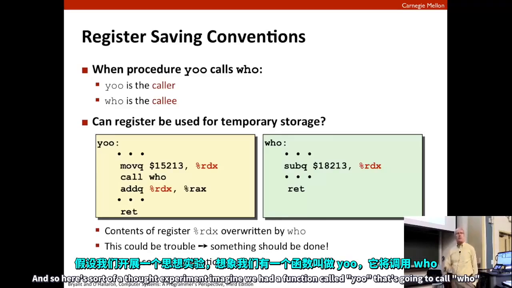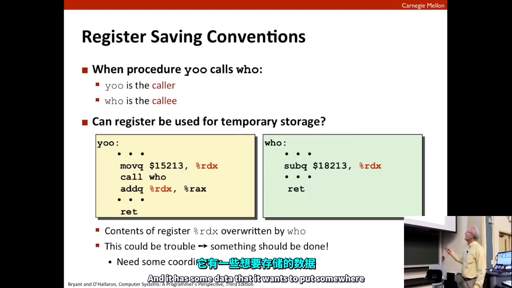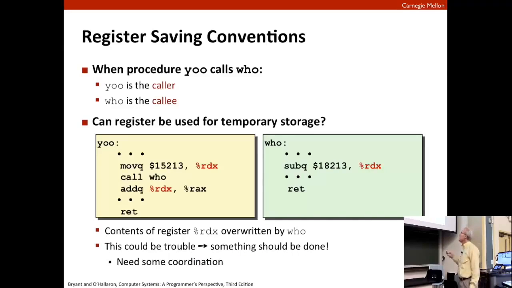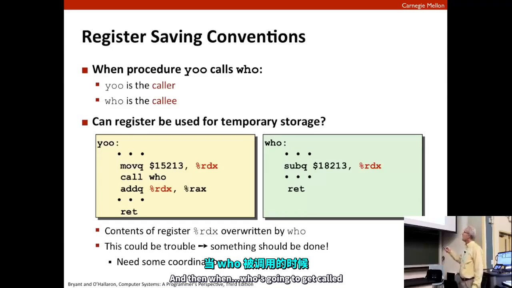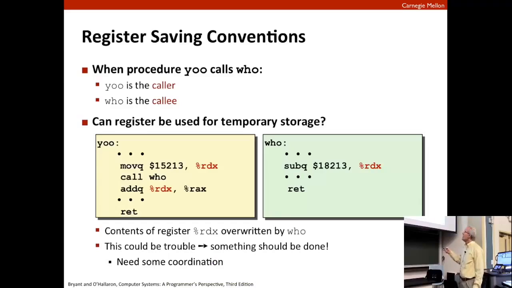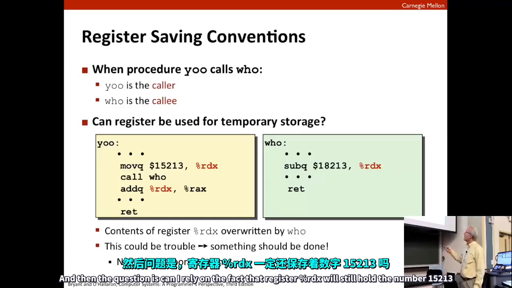And so here's a thought experiment. Imagine we had a function called u that's going to call who, and it has some data that it wants to put somewhere. Then when who gets called, the question is, can I rely on the fact that register RDX will still hold the number 15213?